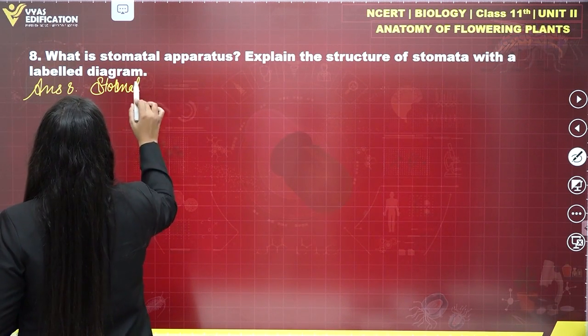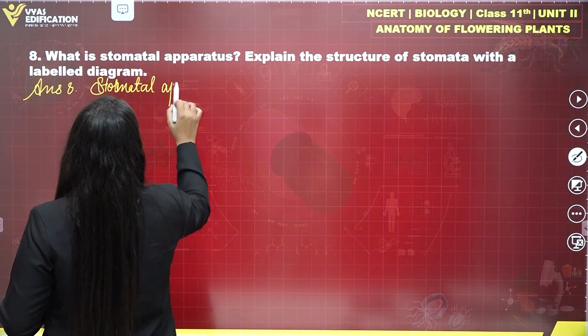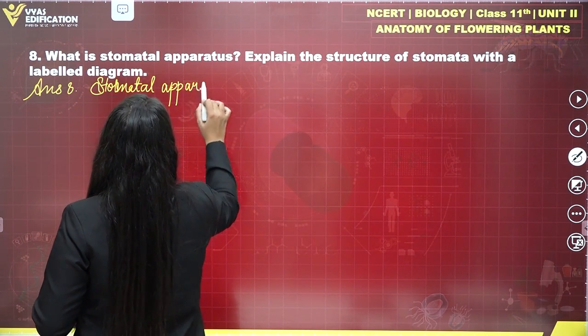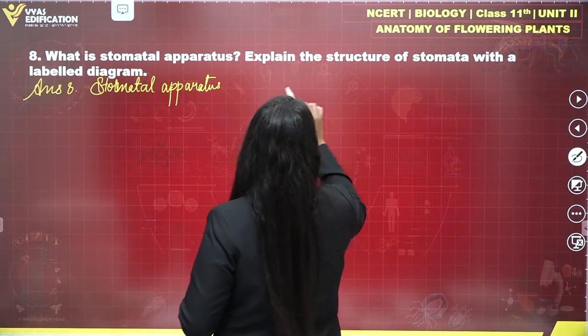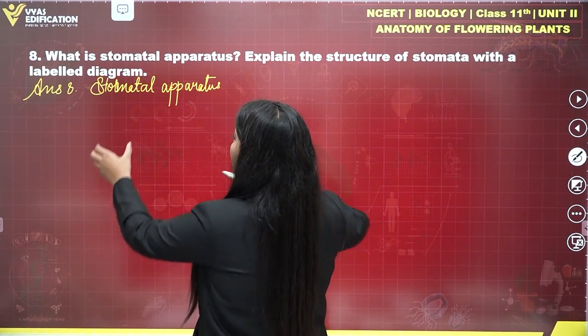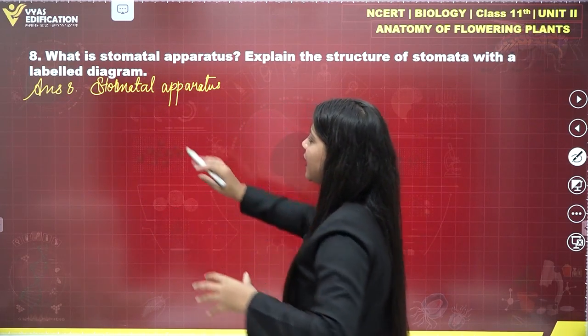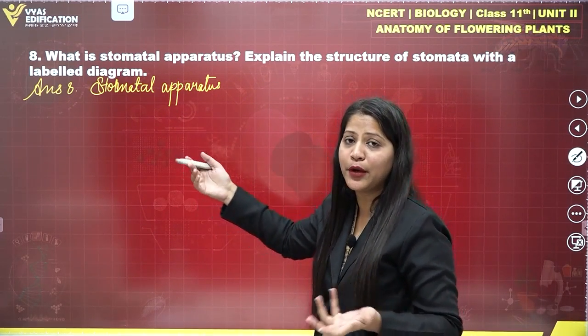Stomatal apparatus. Also we are going to draw the diagram of stomata, but first of all we are going to write the first part of this question, that is stomatal apparatus. What is stomatal apparatus?